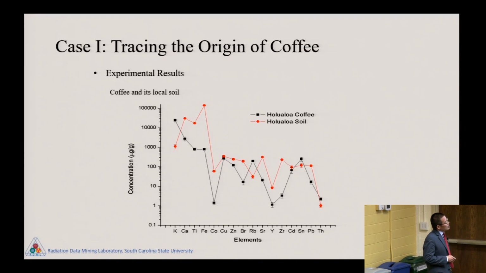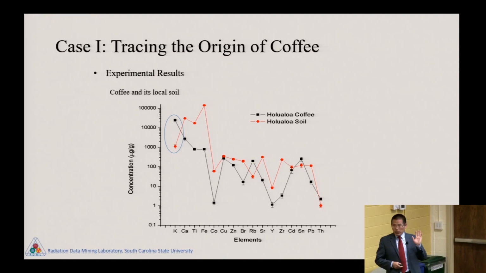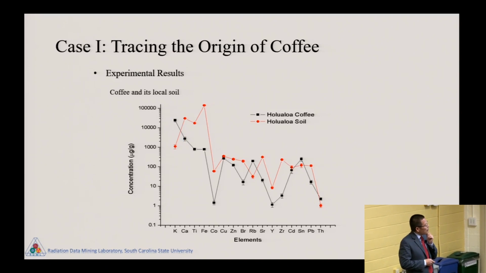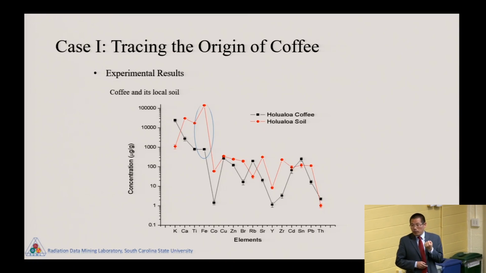It turned out, for example, this is tin, this is thorium, and this is potassium. This is a log scale. They are completely different. That means coffee is a kind of life form. They can block some of the elements they do not want and extract some elements they want more.